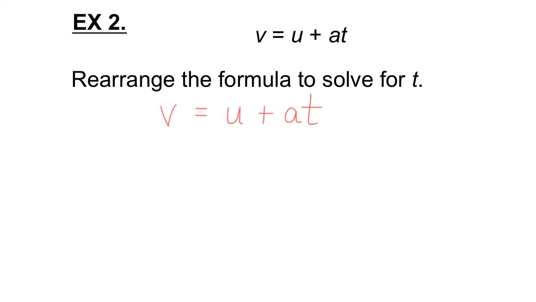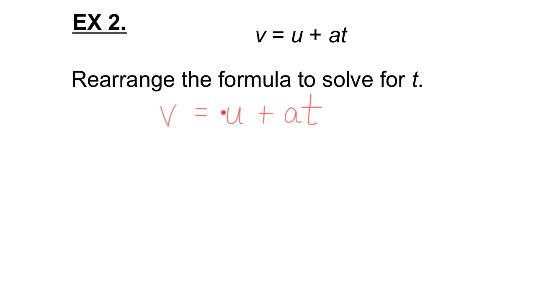So I have to look at my formula, look at my equation here, and I want to isolate t. There's two other variables on the same side as t that I need to move to the other side. So which one do I move first? The coefficient in front of our variable that we want is always moved last. So that means we're going to take care of this u first.